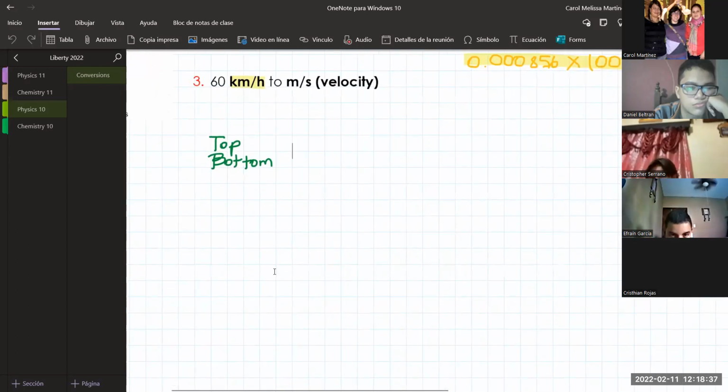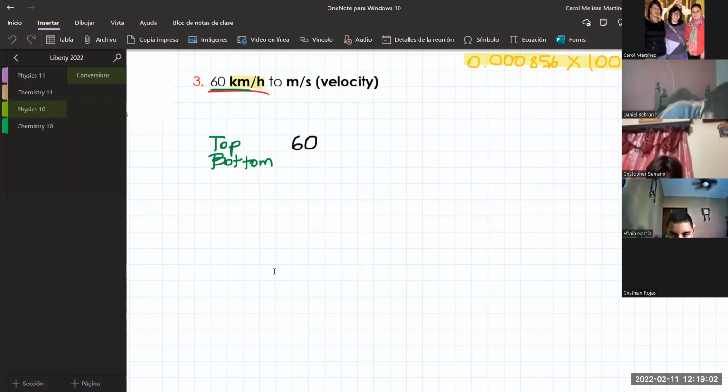So the given is 60 kilometers per hour. I'm going to write it like this. In the top, everything I have in the numerator, which is the number and the first unit. This part goes in the numerator.